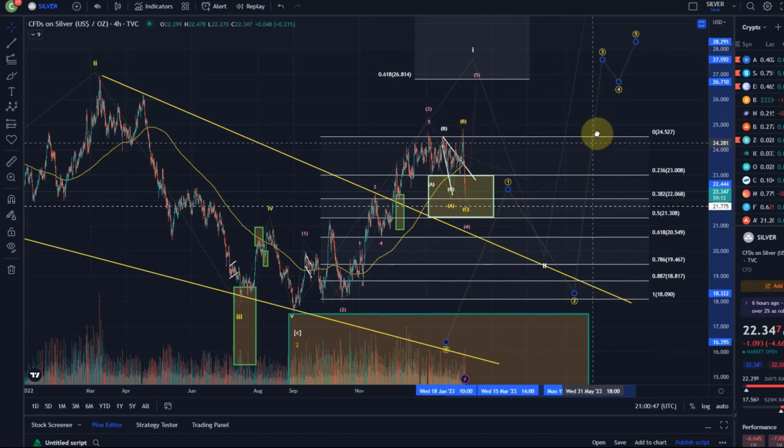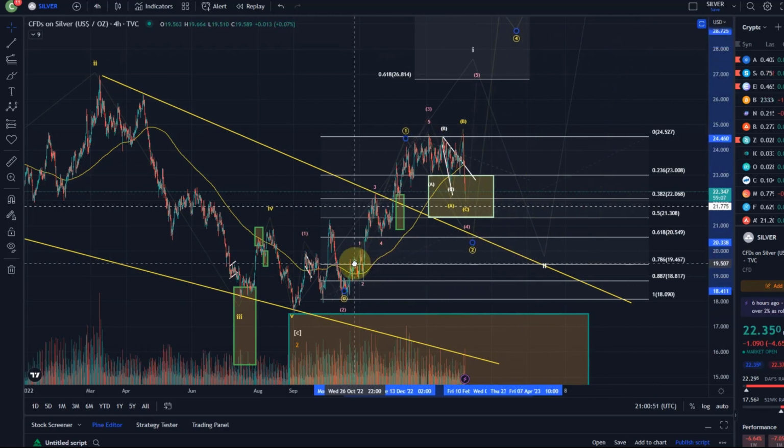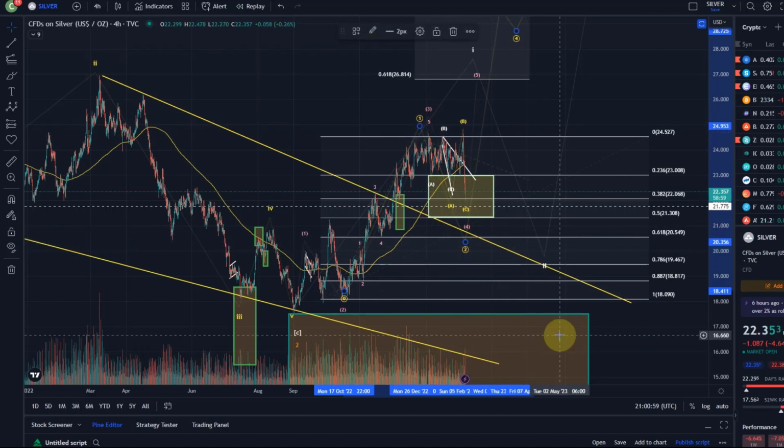It would be that this was a 1-2 setup, and we have here another 1-2 setup, so that this was not a wave 3 but actually a wave 1. We're coming down in a wave 2. That allows for a deeper pullback all the way down to maybe the 61.8 fib at 20.55 or the 78.6 fib at 19.47.